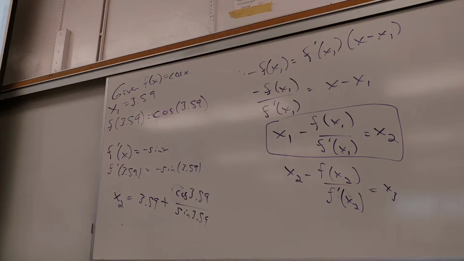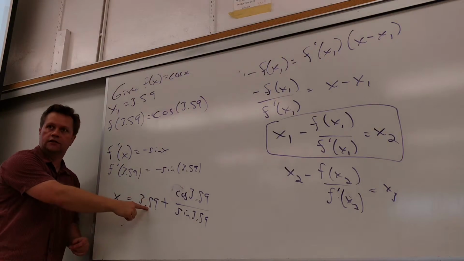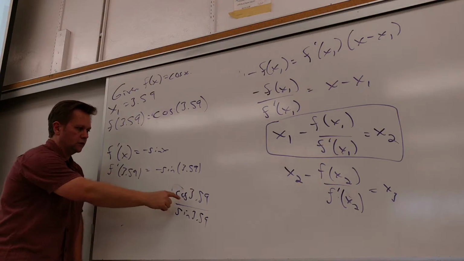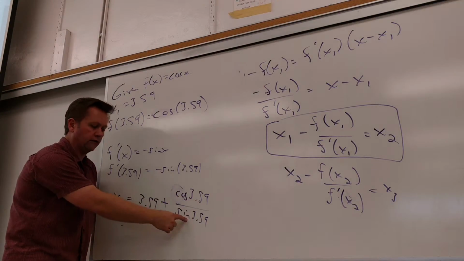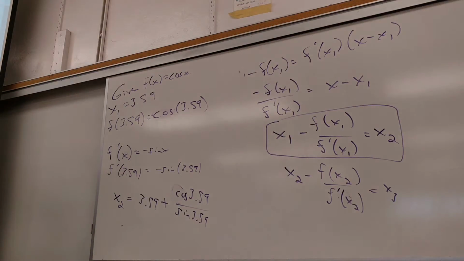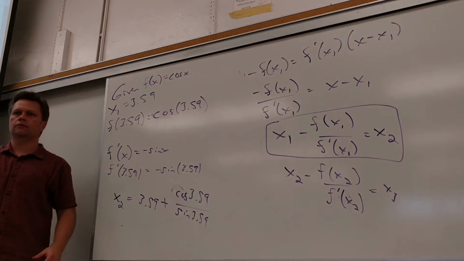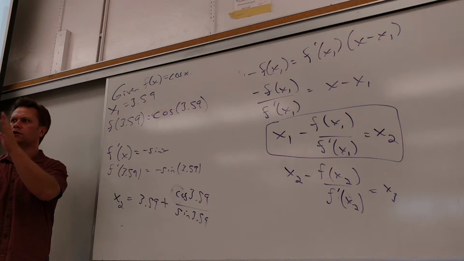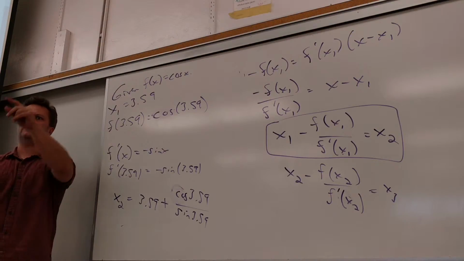They did this procedure that's built into this widget, and that's how it got there. So to get x3, you would just put 5.66 and so on, plus cosine of 5.66 over sine of 5.66, and it would come out to be 4.25 and so on. And every time you do it, as long as your first guess is good enough, it's refining the guess.